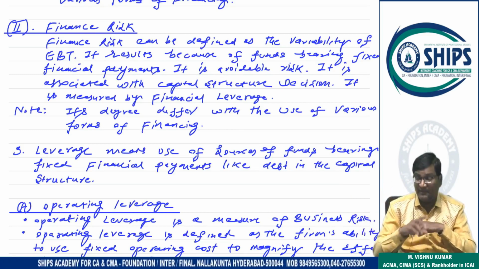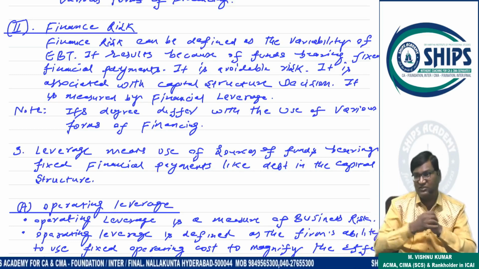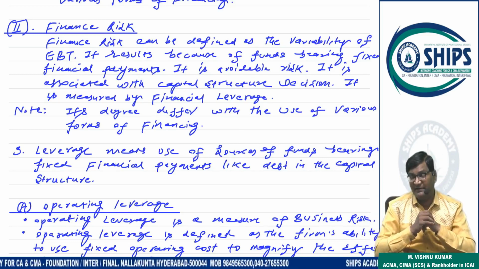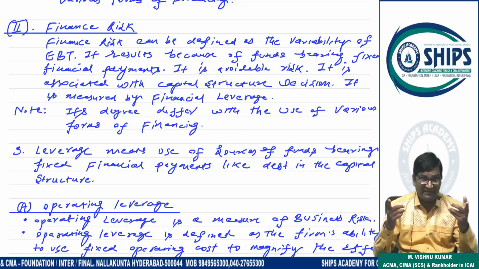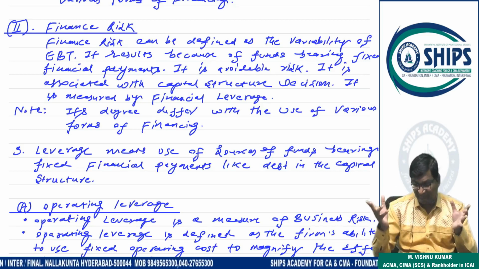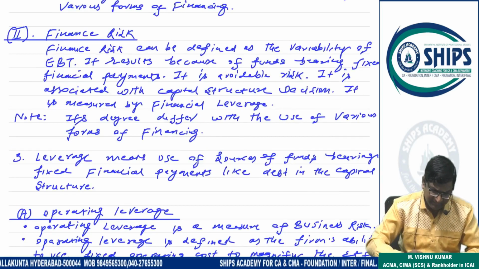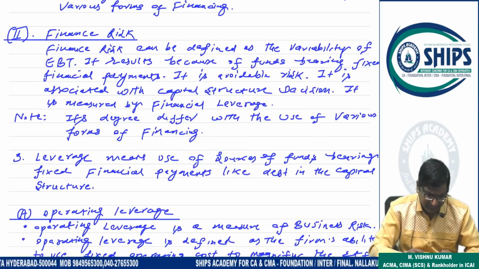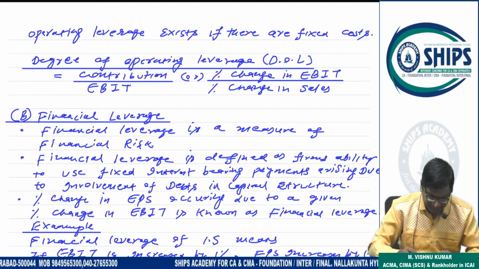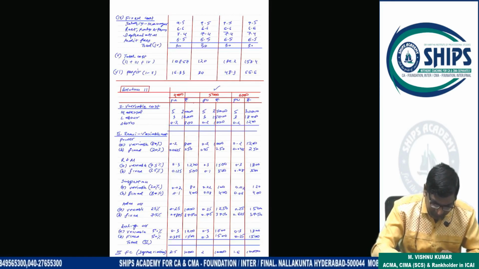That's why finance risk is arising due to involvement of debt in capital structure. Understand? I have repeated this point many times, now there is no need for more. Okay, right. Now finance risk can be defined as, see, we are discussing this income statement also.